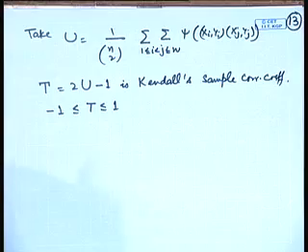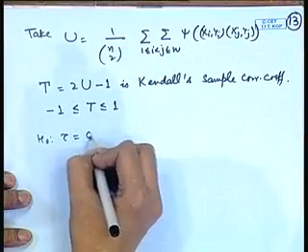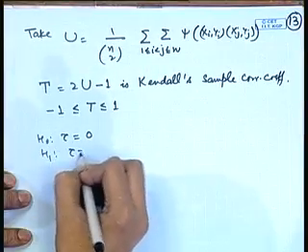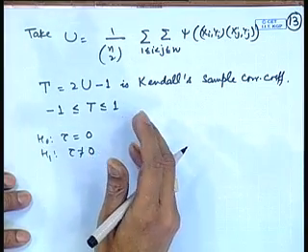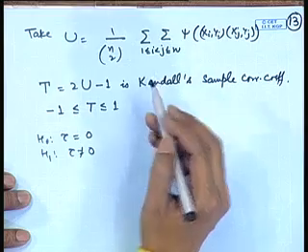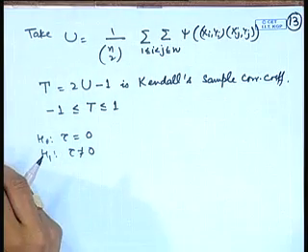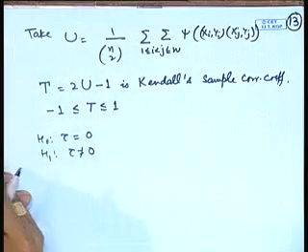Of course, one may like to carry out a test of hypothesis whether this theoretical measure of association tau is zero, that is H naught: tau is equal to 0 against tau is not equal to 0. One can have a small sample test, one can work out the distribution of u. In fact, Kendall has tabulated the distribution of the points of the distribution of t.